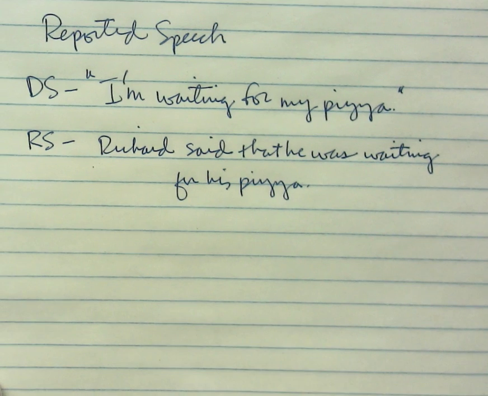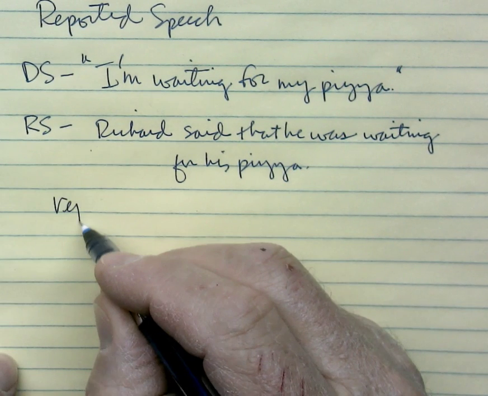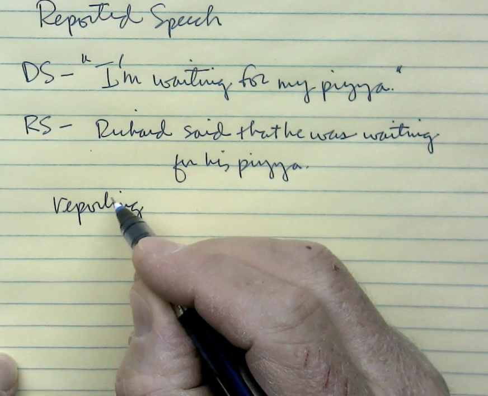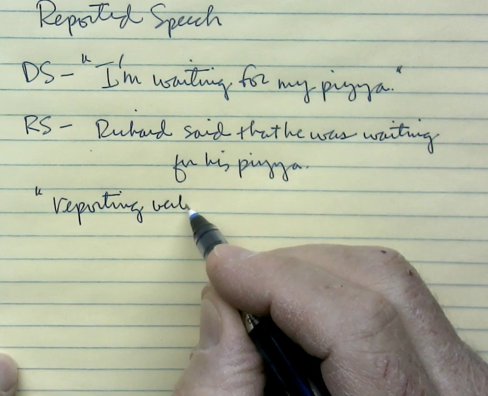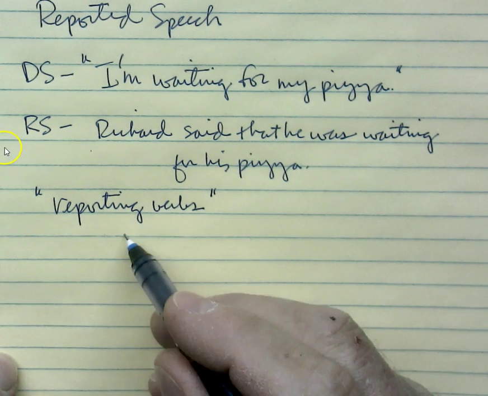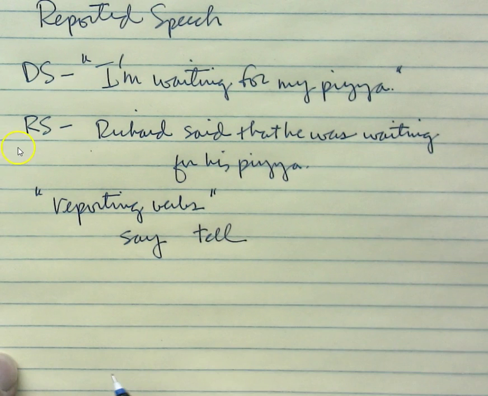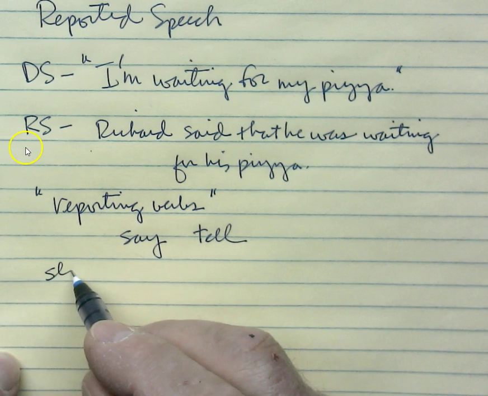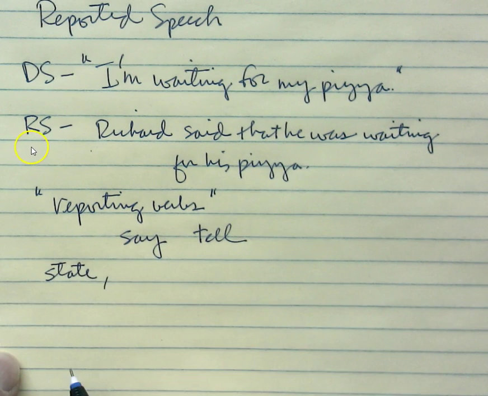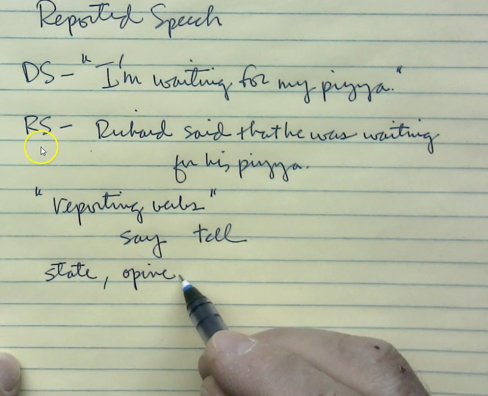And when we use reported speech, we're also using a certain group of verbs called reporting verbs. And the most common reporting verbs are say and tell. But there's also many more reporting verbs, such as state, Richard states, or Richard stated. Opine means to give an opinion.